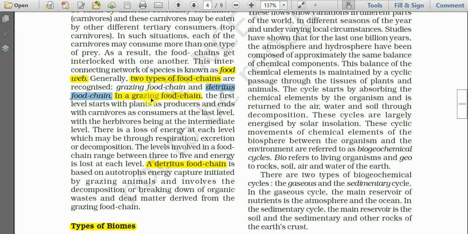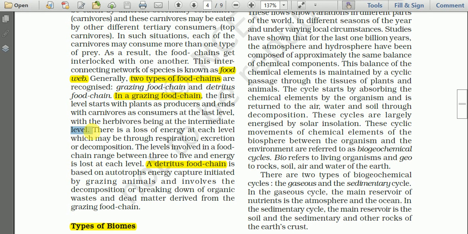In a grazing food chain, the first level starts with plants as the producers and ends with carnivores as consumers at the last level, with herbivores at the intermediate level.